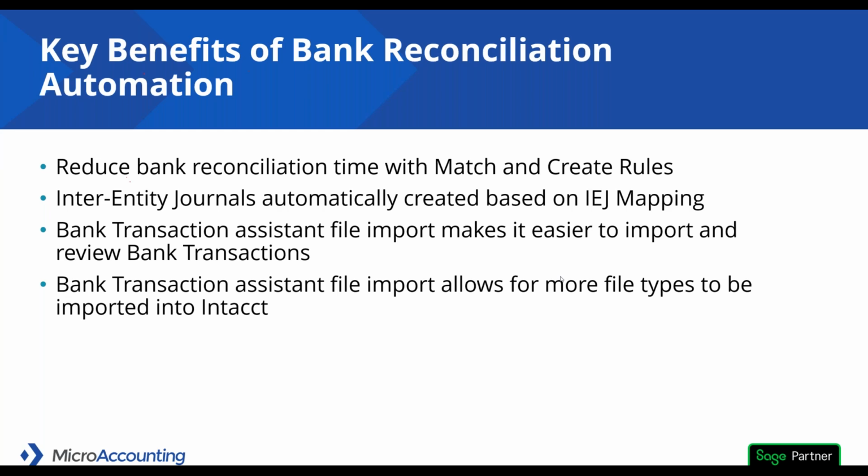So when you think of a transfer between two separate bank accounts, and those two bank accounts are actually at two separate entities, Intacct now, when you create a rule, will say, hey, when on bank A, I see $10,000 and I have certain criteria that says it's a fund transfer or ZBA, if you will, to this other bank account at another entity, Intacct will automatically create those debits and credits in Intacct, but it takes it another step and, based on your inter-entity mapping, it will go ahead and create those due to and from entries for both entities, which to me is another big thing, right?